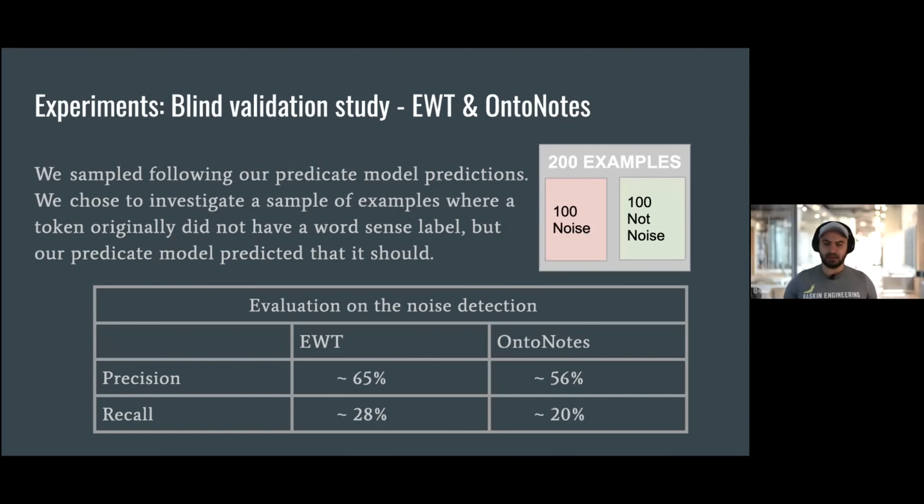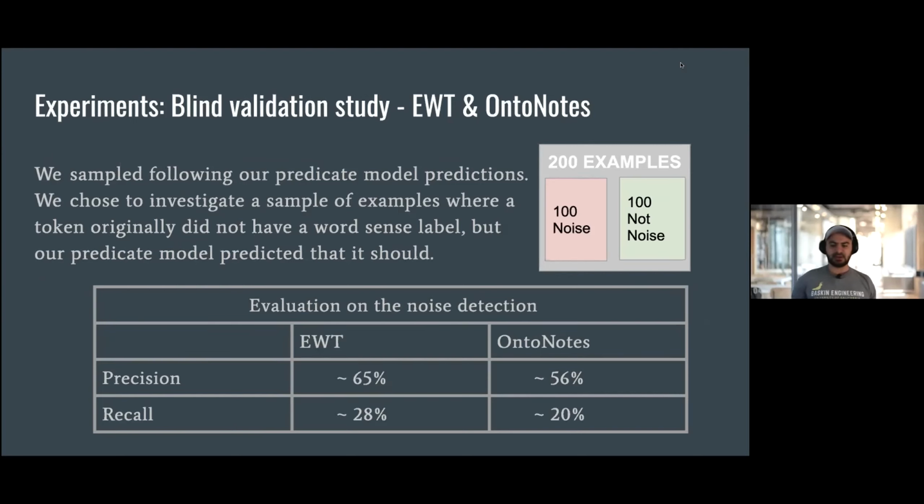So here are some details on the blind validation study we conducted. The main purpose of this study was to define some evaluation metrics, such as precision and recall. For both EWT and OntoNotes, we sampled around 200 examples, where half of those samples are actual noise detected by our end-to-end system, and the other half is considered non-noise.